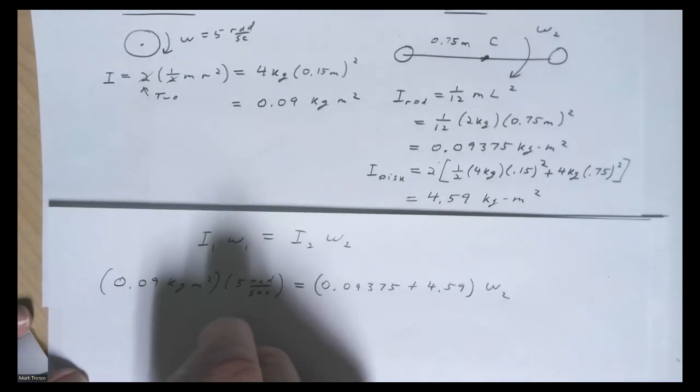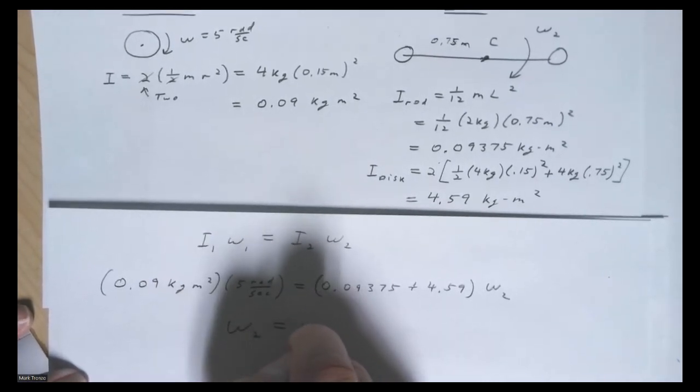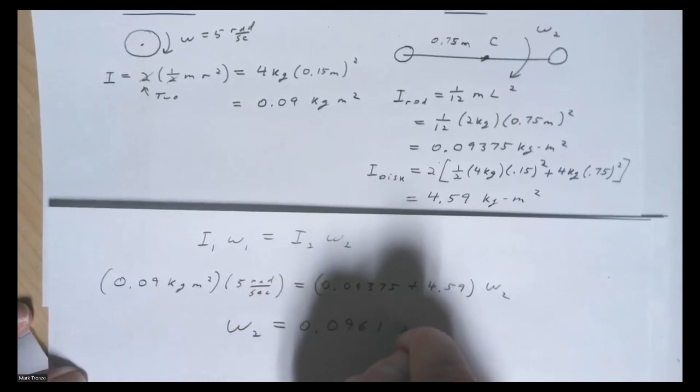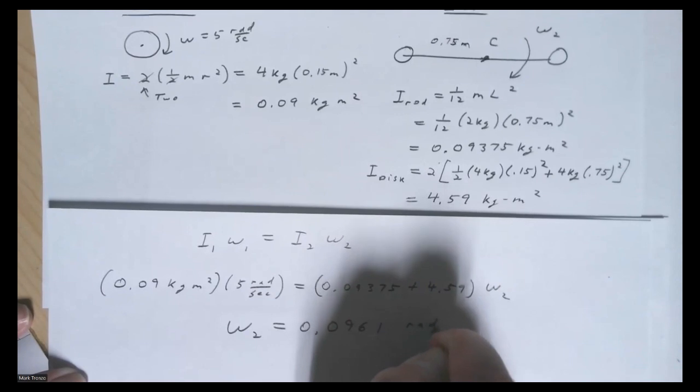I'm getting what looks like 0.0961 radians per second.